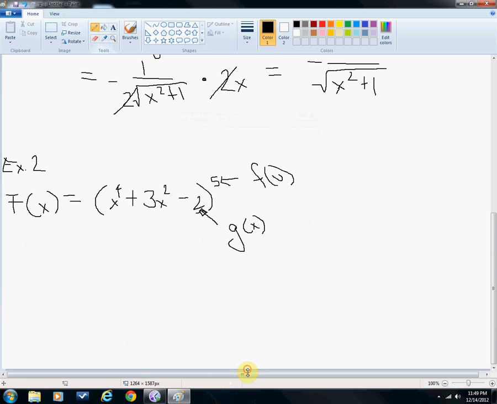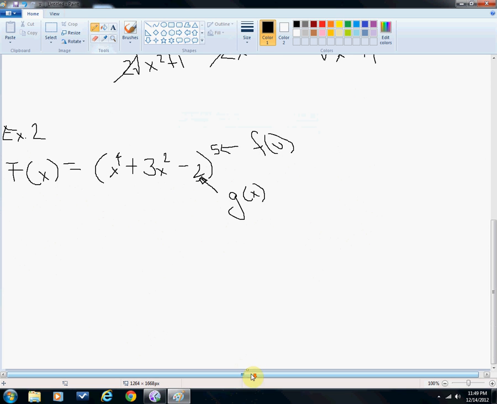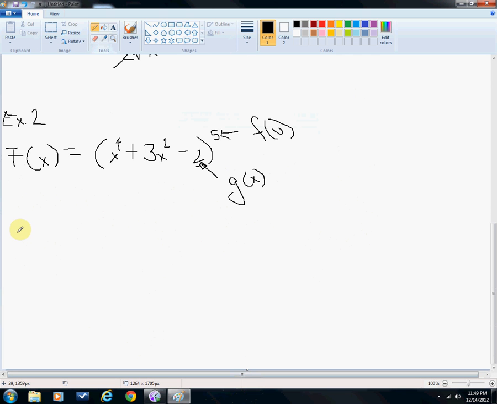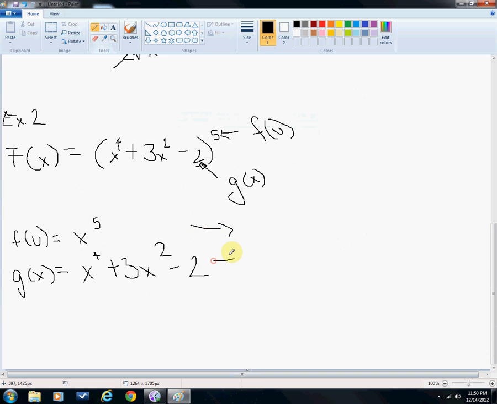So now you take f of u and g of x, and of course you already know what comes next. You take x to the fifth, because x represents the inside function here, and this one is x to the fourth plus 3x squared minus 2, and the derivative of both.